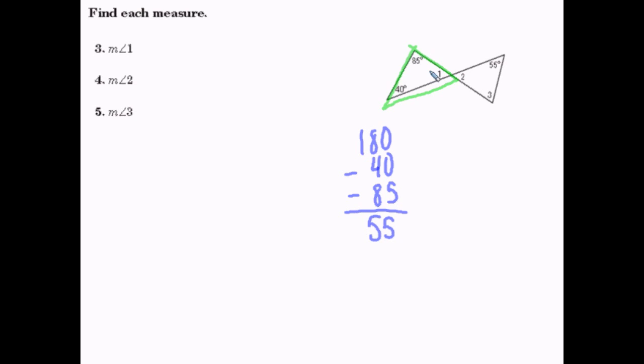So we have 55. And if angle 1 is 55, what's angle 2? 55. And if angle 2 is 55, I can find angle 3 in this triangle. So I do 180 minus 55 and 55. 55 and 55 is 110. 180 minus 110 is 70.